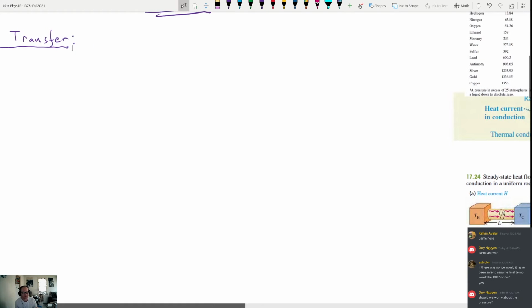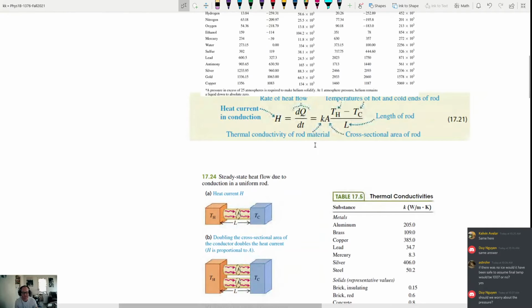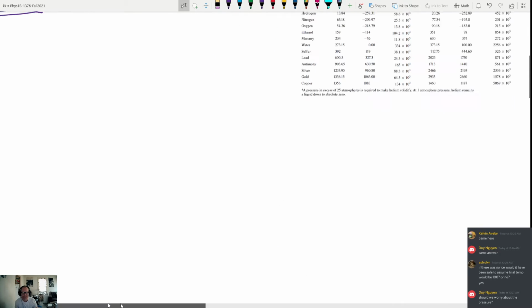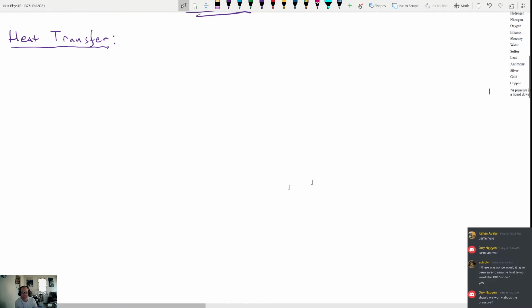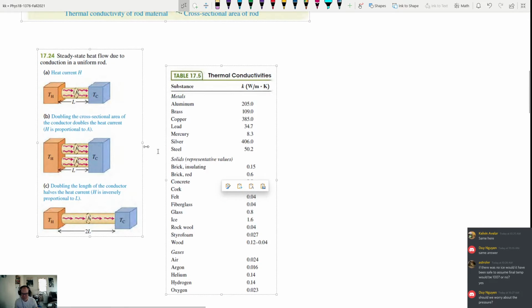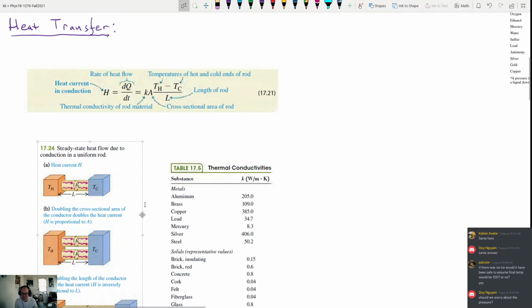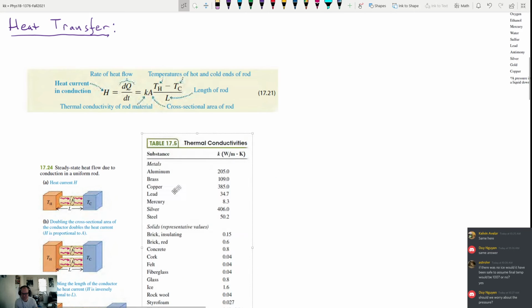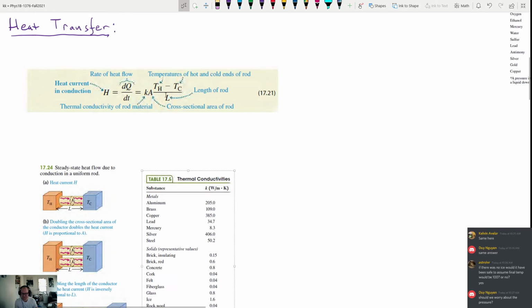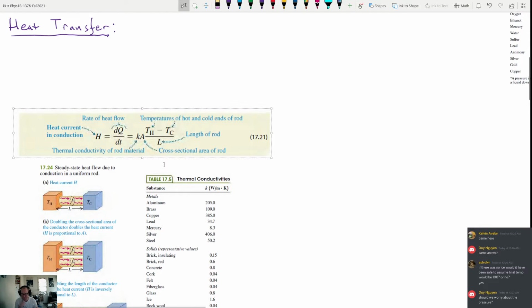Alrighty, so heat transfer. The first one we're going to talk about is conduction, which is these 3 things right here. Actually, let's make these a little smaller. There's a lot of information here. So let's talk about what conduction is.